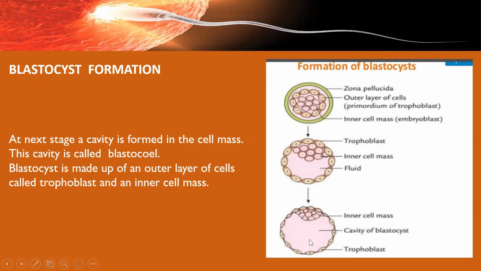This cavity is known as the blastocyst cavity. So students, in morula there was no differentiation of the cells, there was no cavity, but here you can see that there is a cavity, an outer layer trophoblast and an inner cell mass.